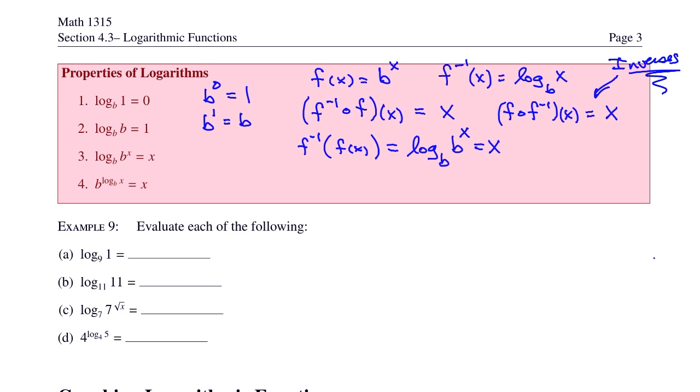And that is property 3. So when you take the log in base b of b to the x, that is equal to x.